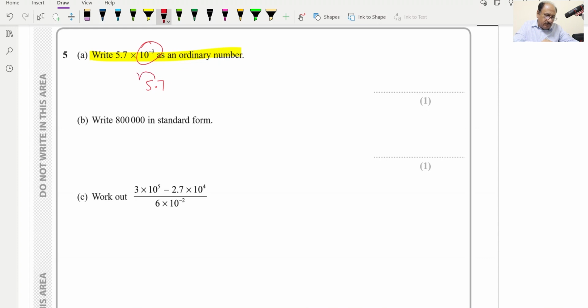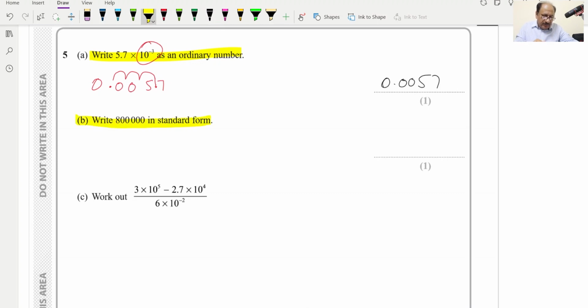So 1 jump, 2 jump, and 3 jump. So the decimal will be shifted over here, and we will add zeros on this side and a leading 0 also, and so our answer will be 0.0057.